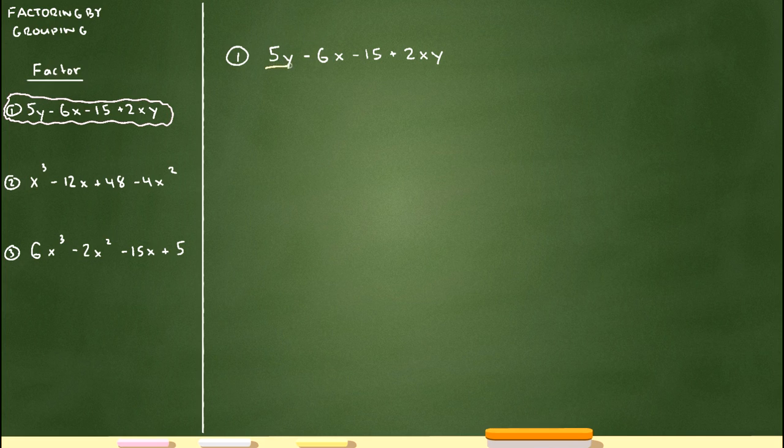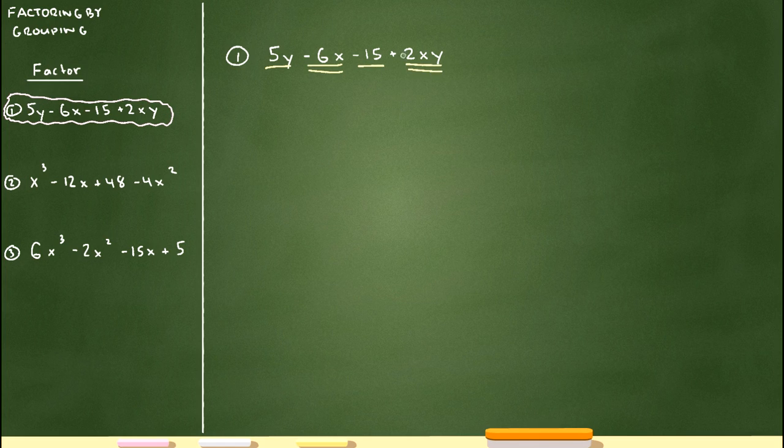You could group this 5y with any of the other 2 terms. You could group it with the negative 15, or you could group it with the 2xy, and I'll explain what I mean by grouping in a moment. So if we're going to pick that as one of our groups, we have to pick the remaining pieces to be in our second group.